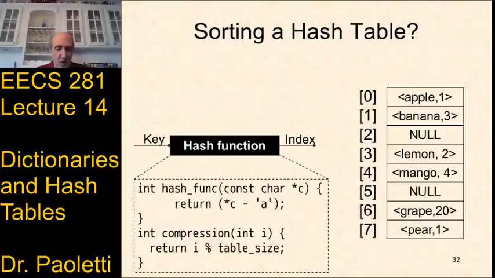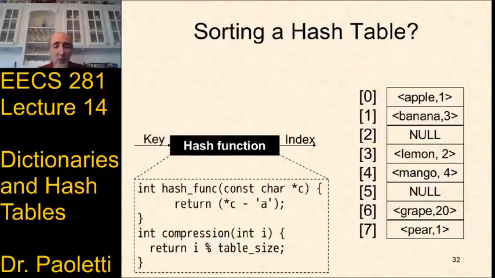Okay, so what about that idea of we can't sort a hash table? Well, the hash table, our really simple hash function here, starts out looking like it's alphabetical order. Apple, banana, lemon, mango, but then grape is not in alphabetical order.